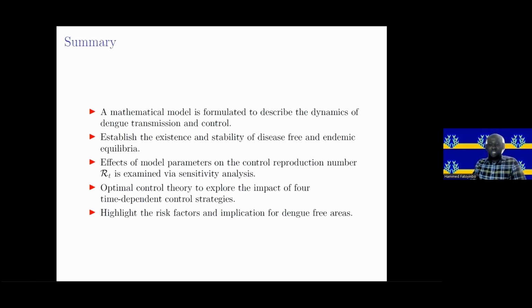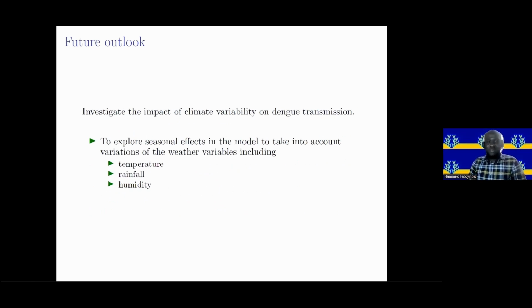For future work, we plan to look at the impact of climate variability on dengue transmission. It has been studied and shown that seasonal effects also account for variation in the spread of the disease.